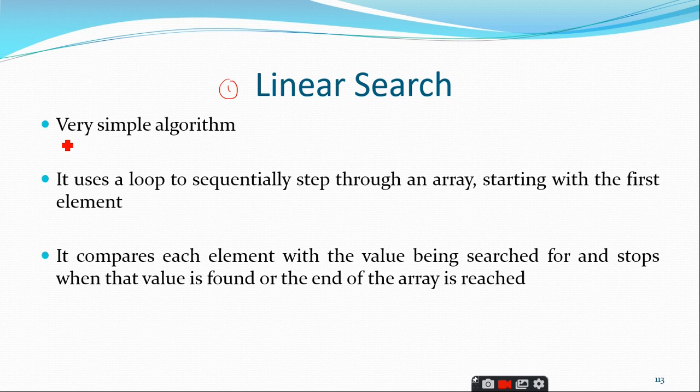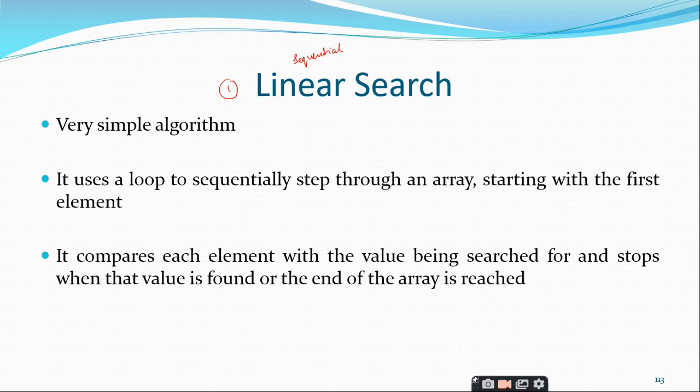In the linear search, as I told, the search operation will be done in a sequential fashion. You will search for the element in the first position. If it is not matching, you will go with the second element. If it is not matching, you will go with the third element. Like that, you are going to proceed until you find the search element, or until you search the entire list of elements.